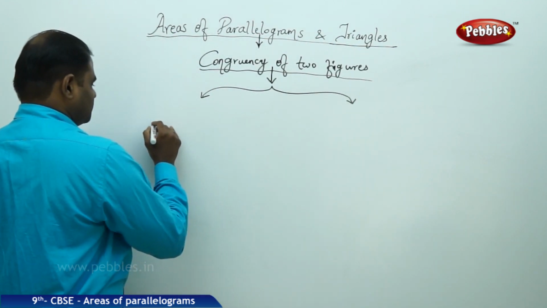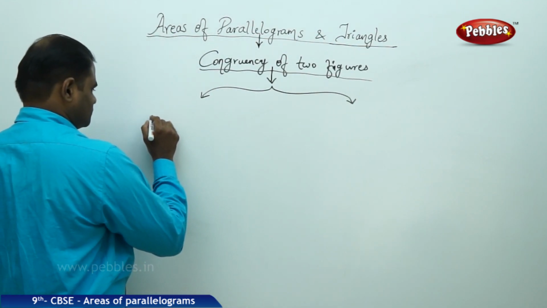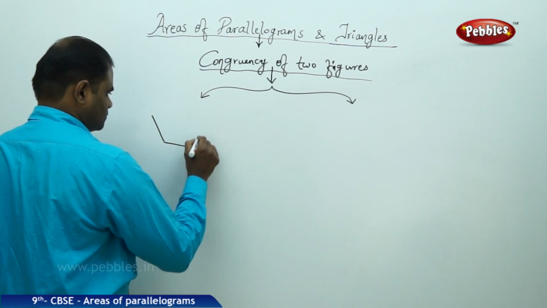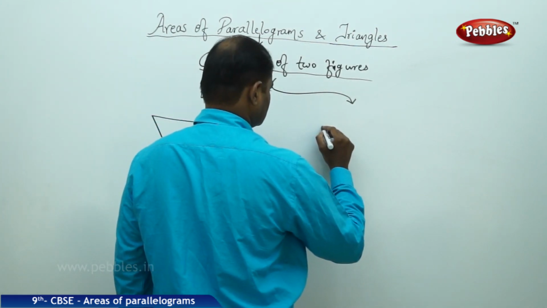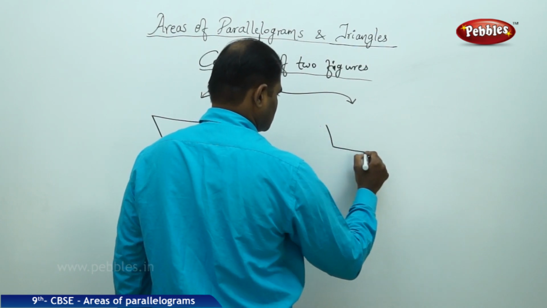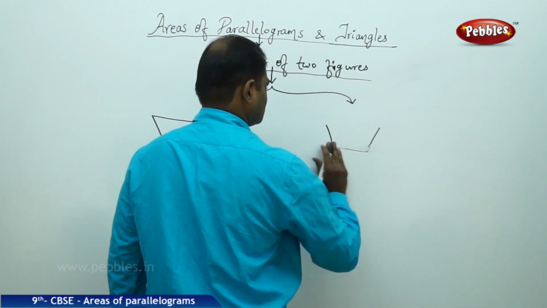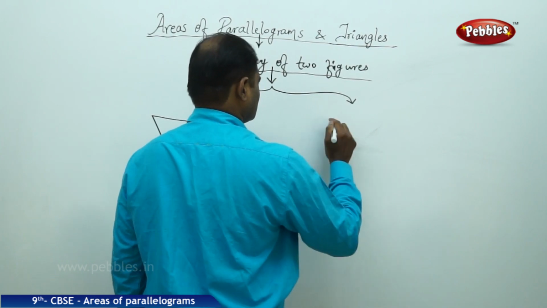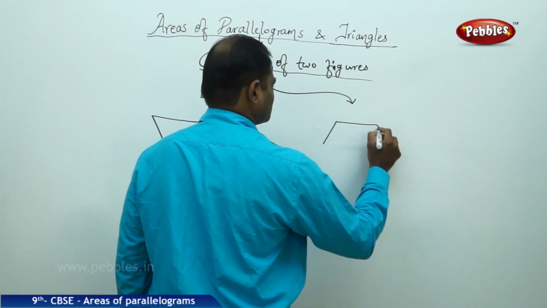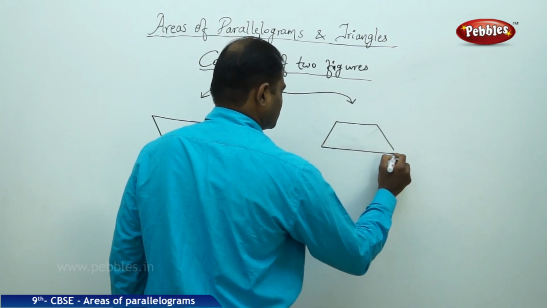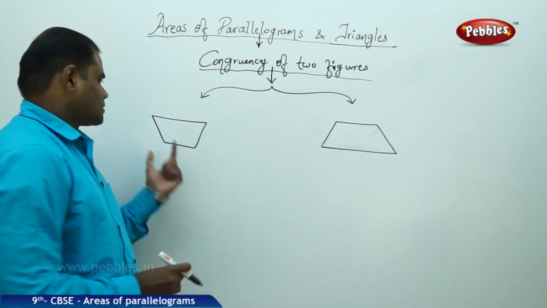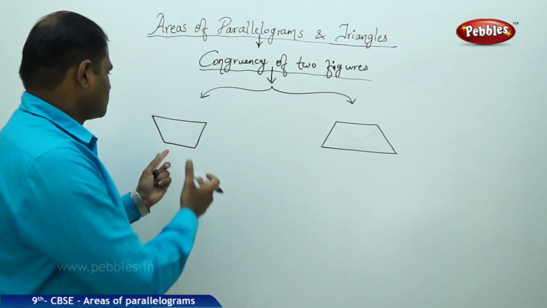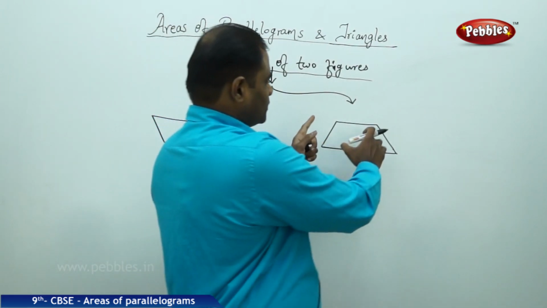Say I have a figure and this figure too. Now I have two figures here, this one in this manner and this one in this manner.